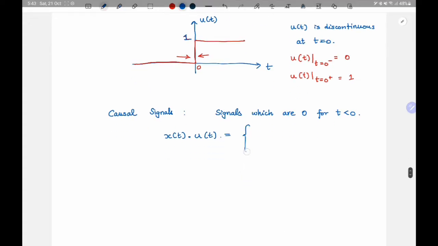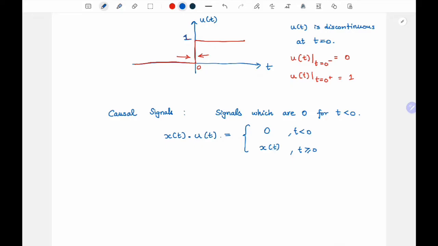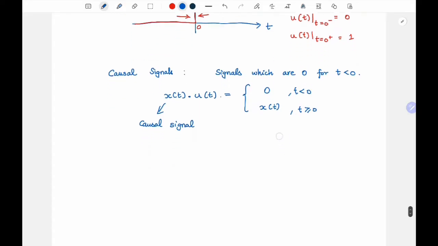For t less than 0, it will be 0, and for t greater than or equal to 0, it will be x of t itself, because u of t is 1 there. So even if x of t is non-causal, x of t into u of t is a causal signal. So u of t is useful in defining the causal signal.